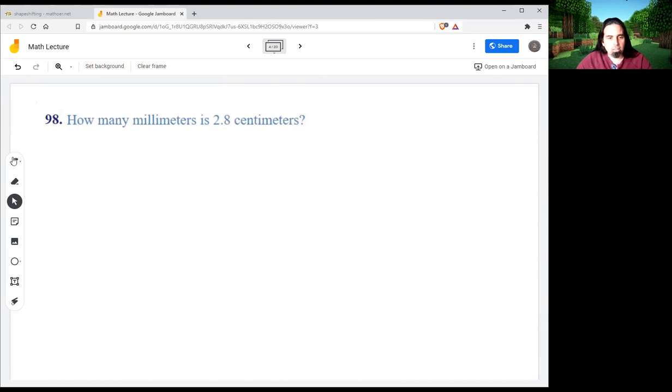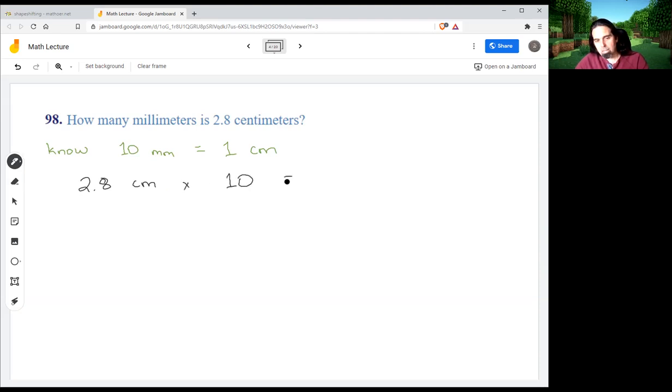We could say that there's 10 millimeters in 1 centimeter. And so we'll take our 2.8 centimeters. It is the bigger thing, the multiple of 10 little millimeters. So we're going to multiply by the 10, and we'll get 28 millimeters.